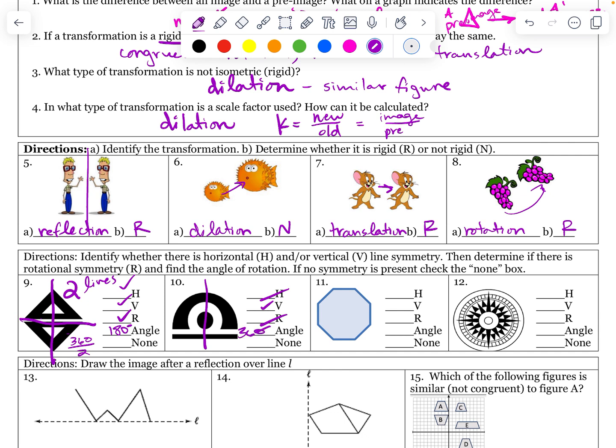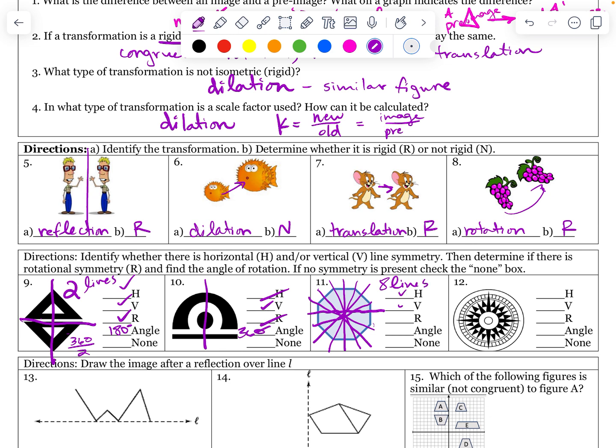All right, this thing has got 1, 2, 3, 4 lines. Oh, it might even have more. 5, 6, 7, 8. 8 lines of reflection. So it definitely has horizontal and vertical.